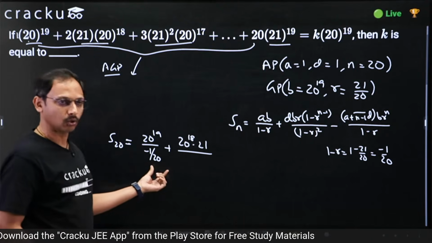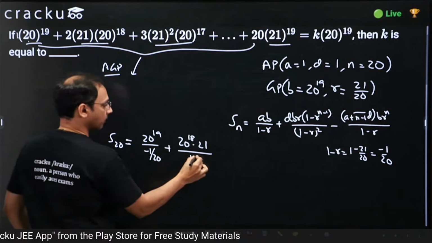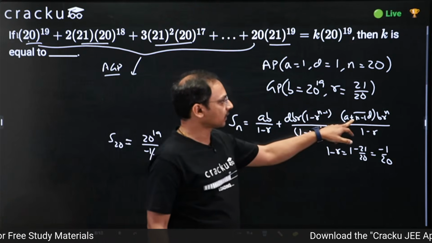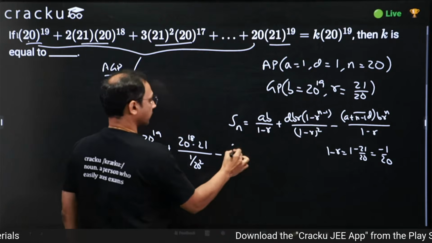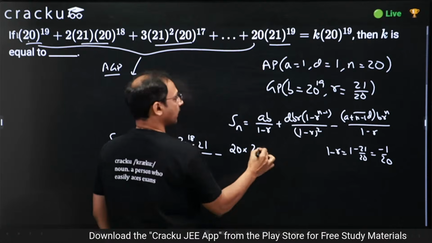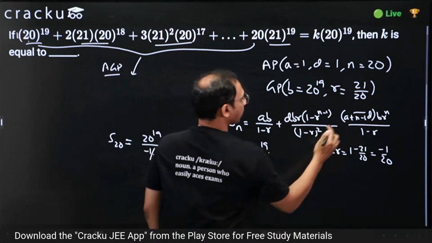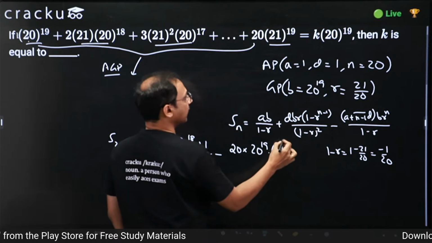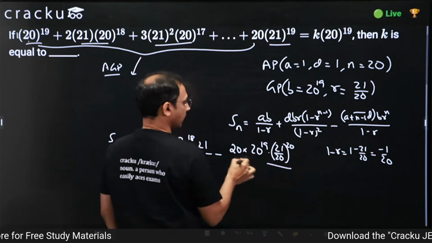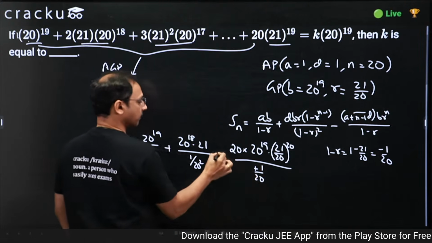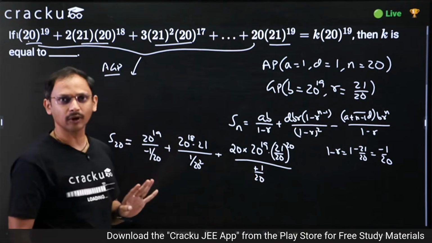1 minus r I wrote here, its square will be 1 by 20 square, minus, this is the nth term of the AP, which is 20, into b 20 power 19 r power n. r is 21 by 20, n is 20, by 1 minus r is again minus 1 by 20. This minus minus will get cancelled off. So this is going to be the answer.